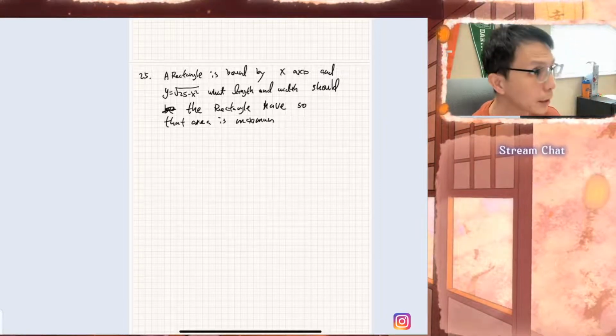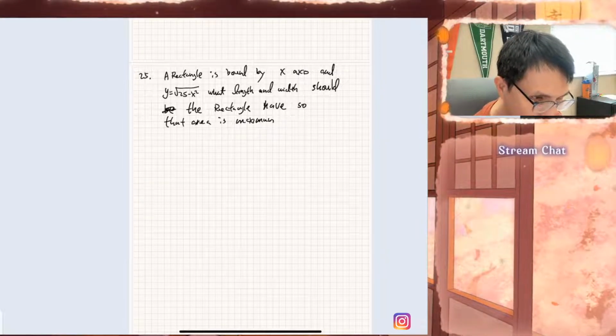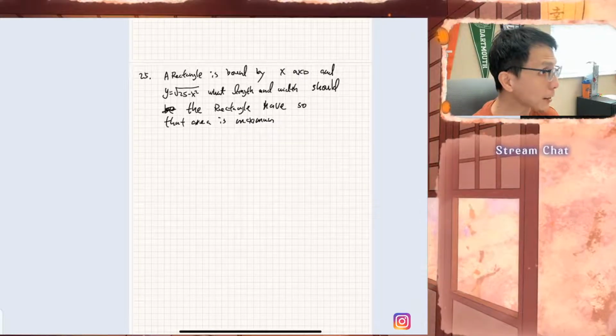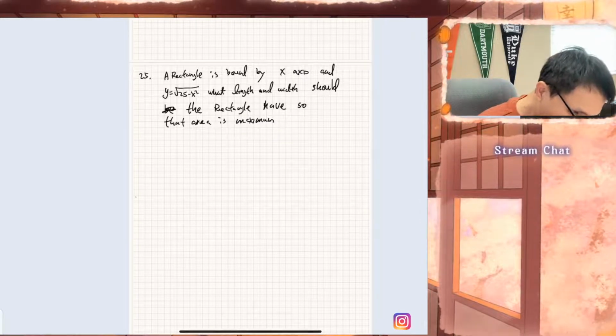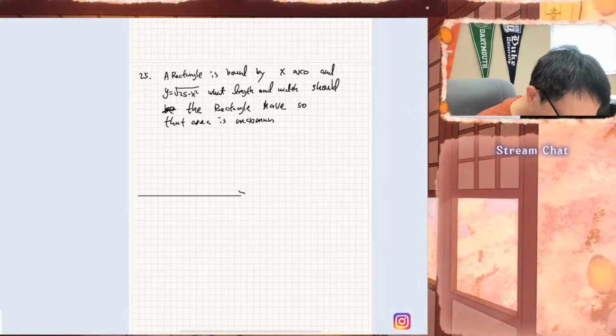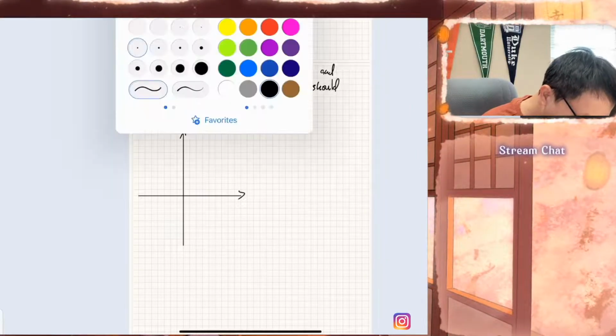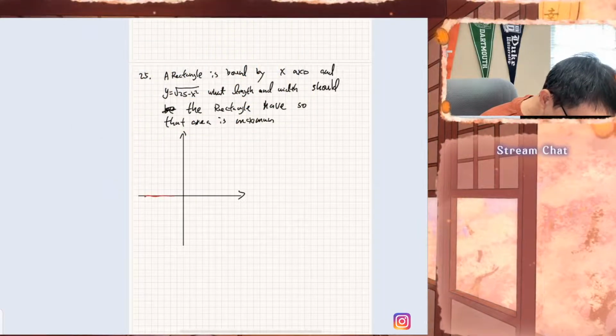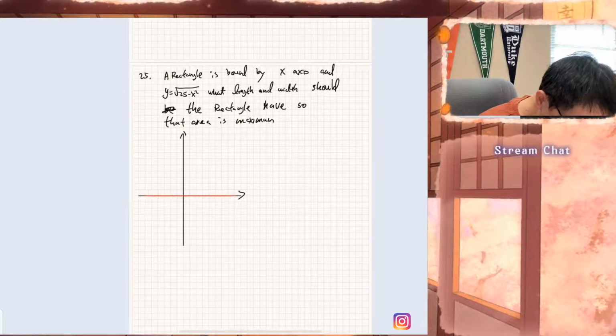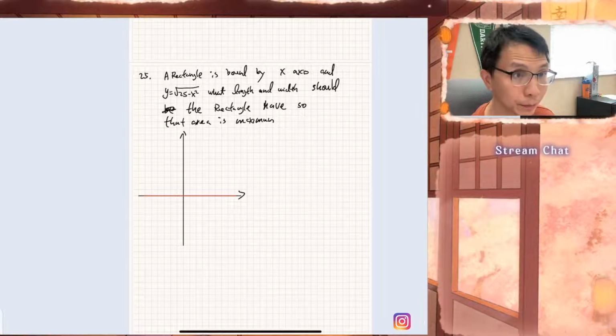So a rectangle is bounded by the x-axis. So I'm gonna draw out the x-axis right here. I'm gonna put it in red. And this is the x-axis because that's the boundary. So that's the red part.